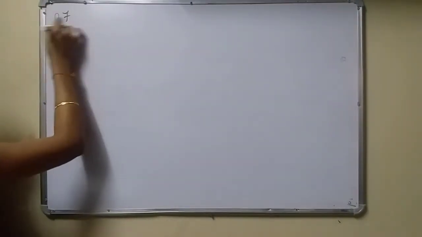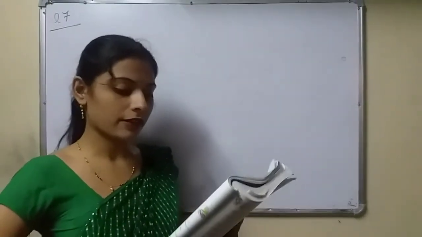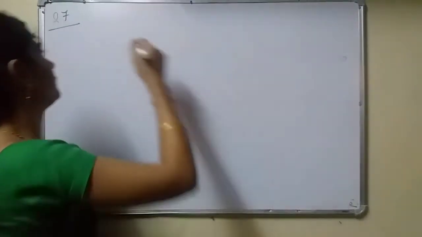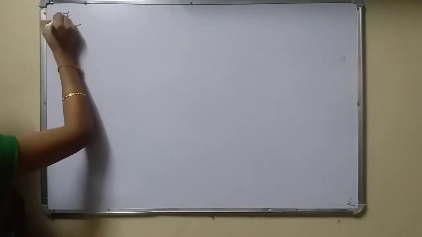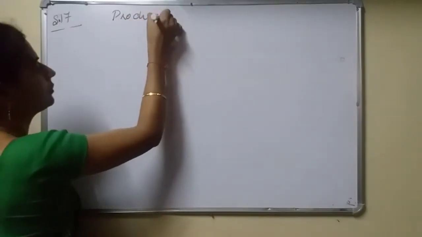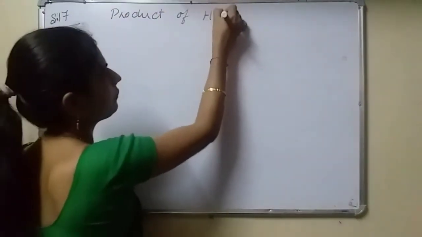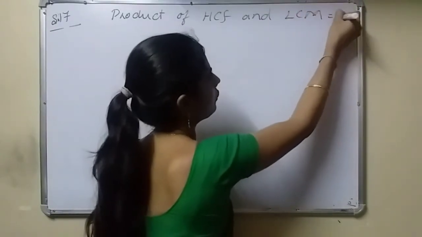Question number 7. The product of HCF and LCM of two numbers is 119. Solution: product of HCF and LCM is equal to 119.